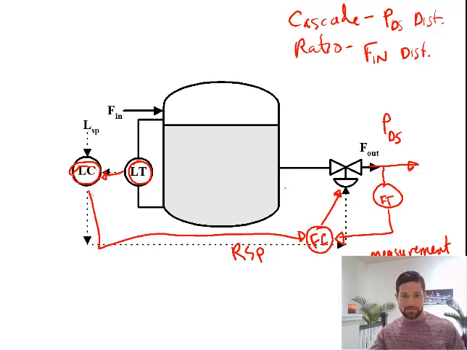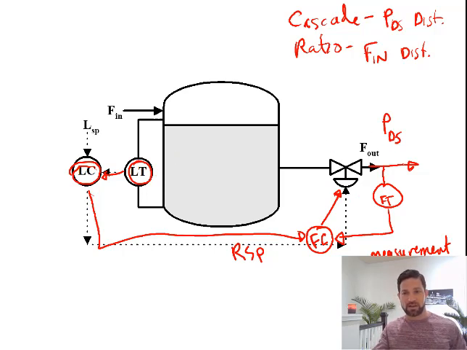So now if we look at how this process works, we have the primary control objective, or the outer loop, which is the level control. That's providing the remote set point to the inner loop, the flow controller. The flow controller is taking the measurement of the disturbance, which is the flow out, which is affected by the pressure downstream, and is changing the valve position before the process is affected.